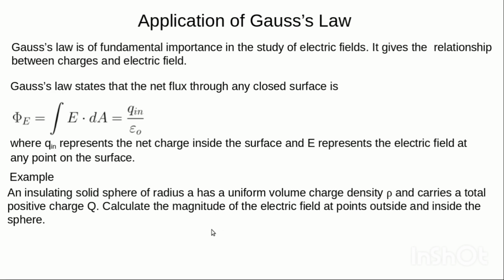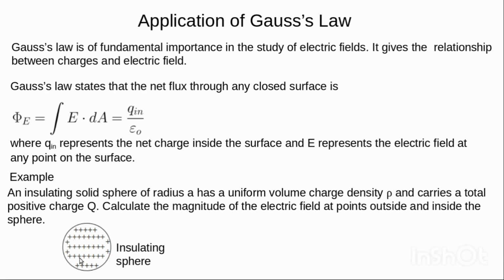So before we solve this problem, it's important for us to take note of the words insulating solid sphere. So let's see the difference if it were a conducting sphere. Okay, so we have first an insulating sphere. Most times when you charge an insulating sphere, the charges are evenly distributed throughout the entire body.